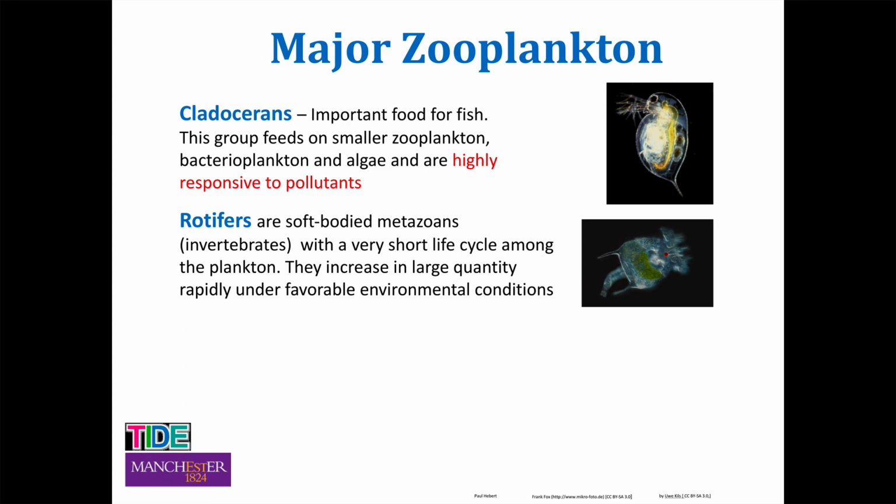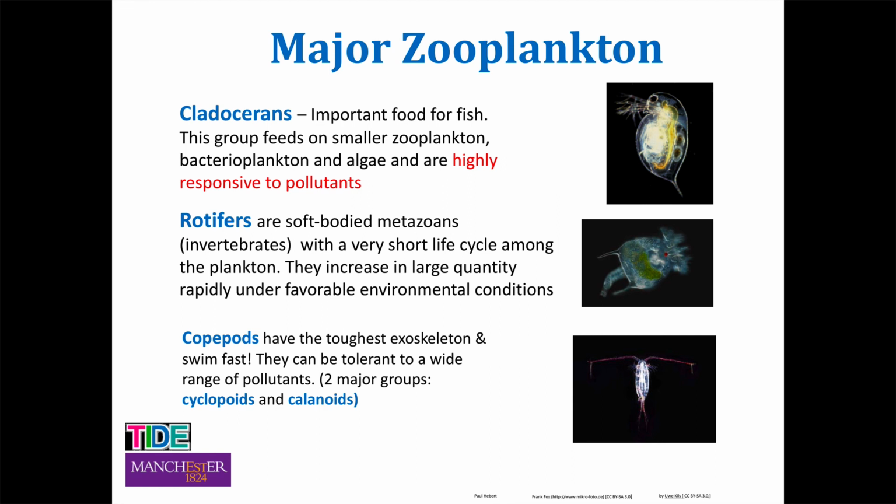Second group is called rotifers, and these are soft-bodied invertebrates with a very short life cycle, and they float around in your water body. And under favourable conditions, you can get very high quantities of these very quickly, so they're very responsive.